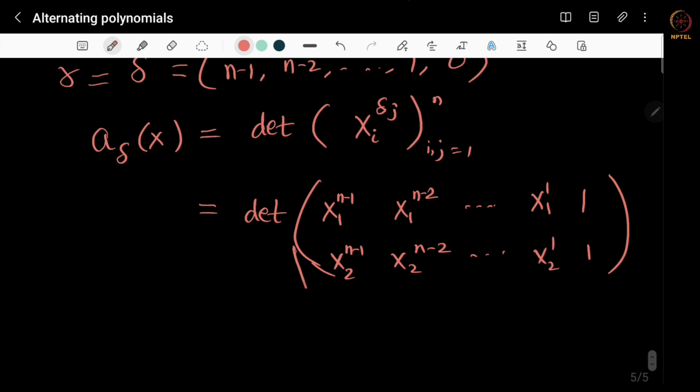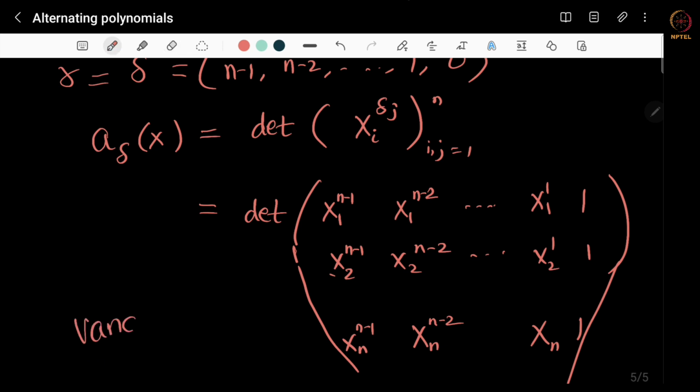Now if you actually write this out in full, it will start to look a bit more familiar. This is the determinant of the following matrix. So what's the delta j? The last delta is 0. So the first row, for example, looks like x1 power n minus 1, x1 power n minus 2, x1 power 1, x1 power 0. Okay, x1 power 0 is of course just a 1.